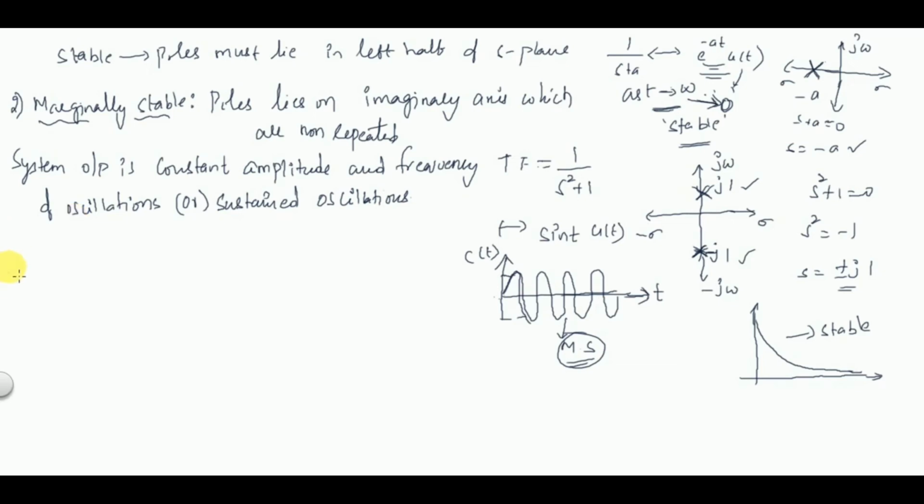Okay, so the third type of system, or third type of stability, is unstable systems. There are some systems which are unstable in nature. So how can we find whether the given system is unstable or not?